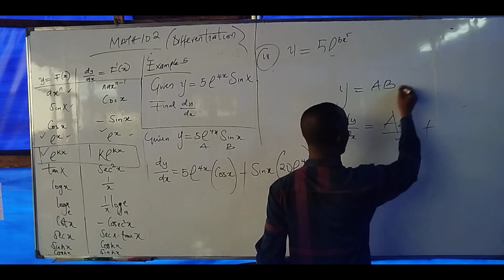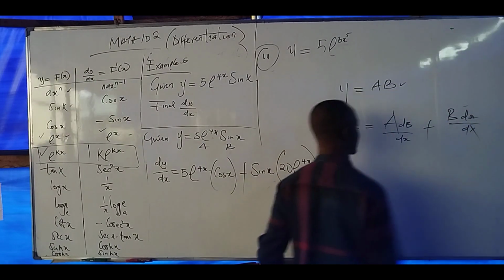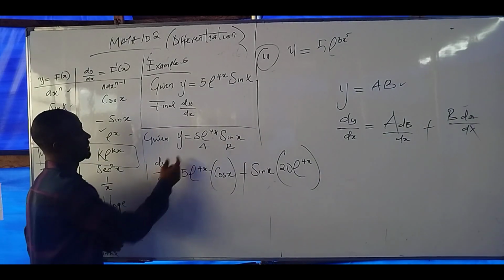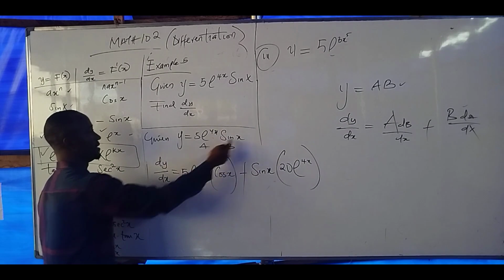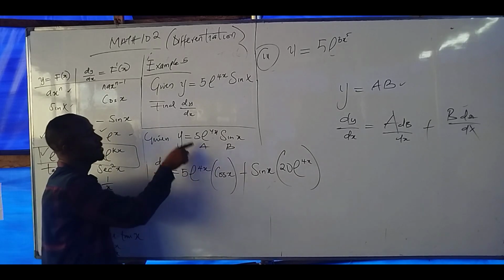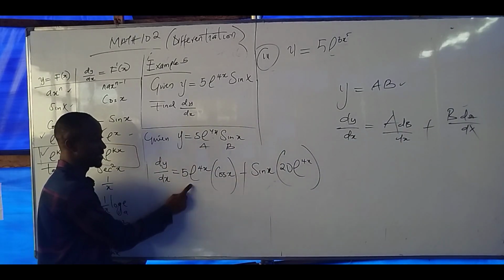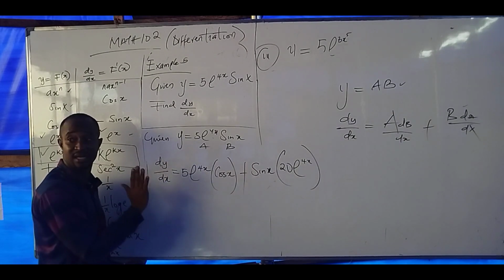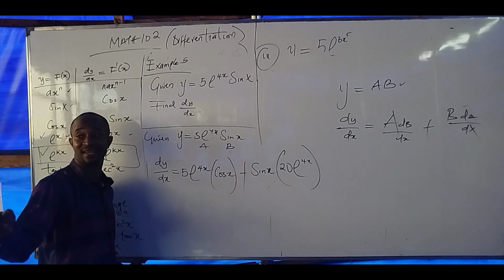Plus, keep B constant, differentiate A, that is dA/dx. So if I have y equals AB, what's our A here? This is our A, and this is our B. So dy/dx means don't differentiate A, meaning bring out your A. What's our A? 5 exponential 4x. Is it clear? Is it clear?